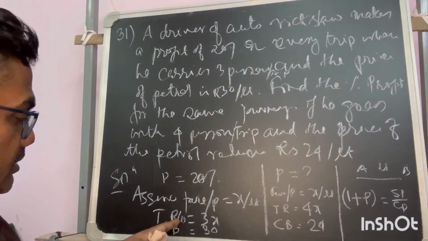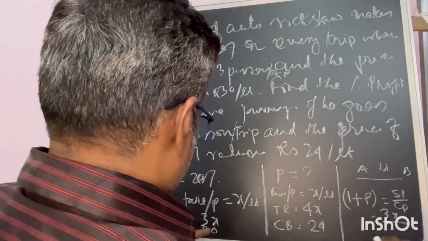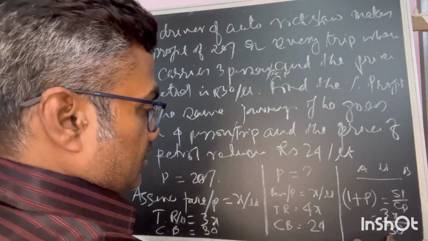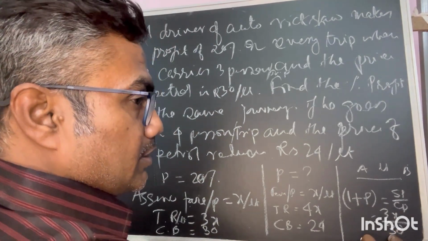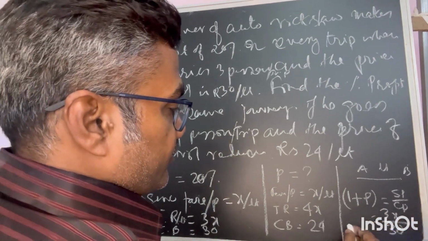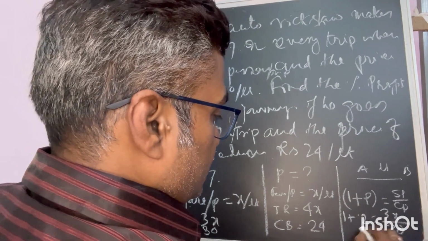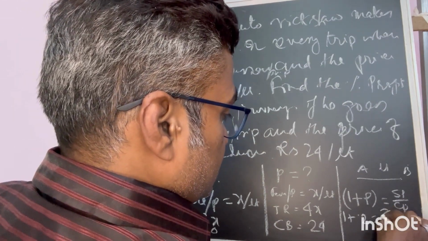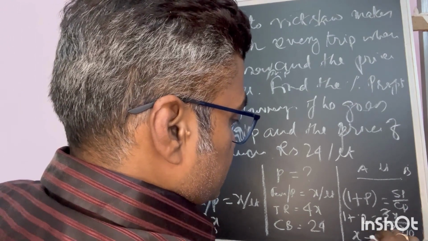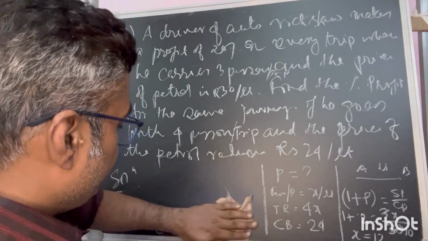The earning 3X by his expenditure 30: consuming 30 rupees, he is earning 3 into X. So 1.2 into 30 is 3X, and 3X is 36, so X is equal to 12. So X can be calculated from the first information.